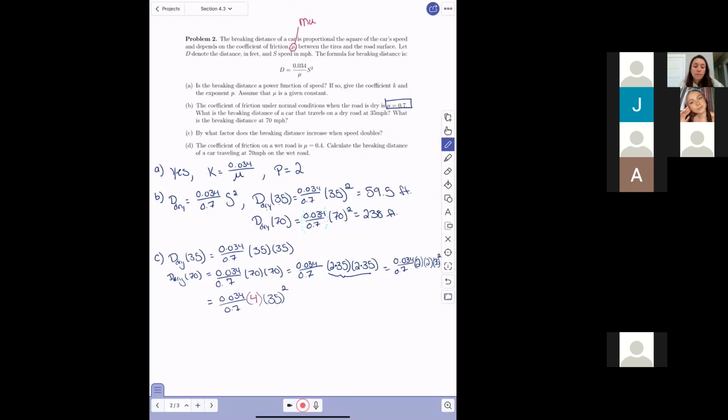Okay, so what factor did we increase by when the speed doubled? 4. 4, good. So when the speed doubled, the braking distance increased by a factor of 4.